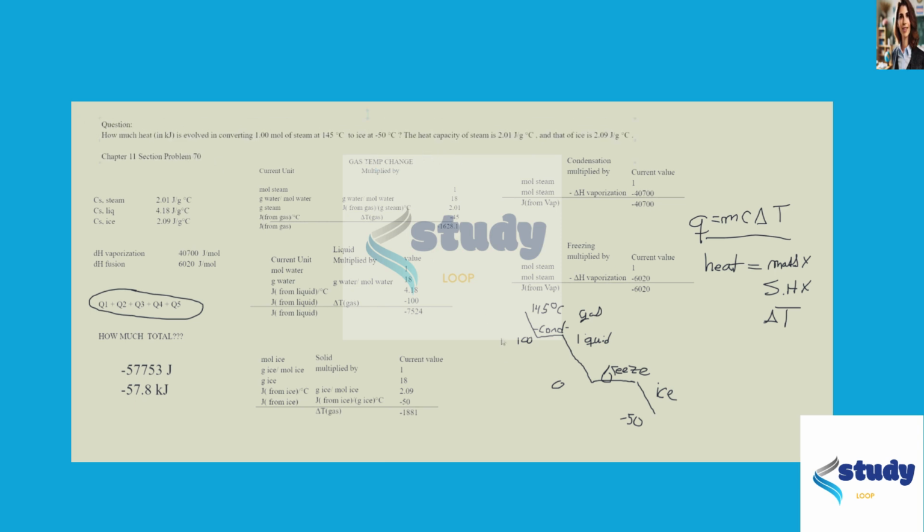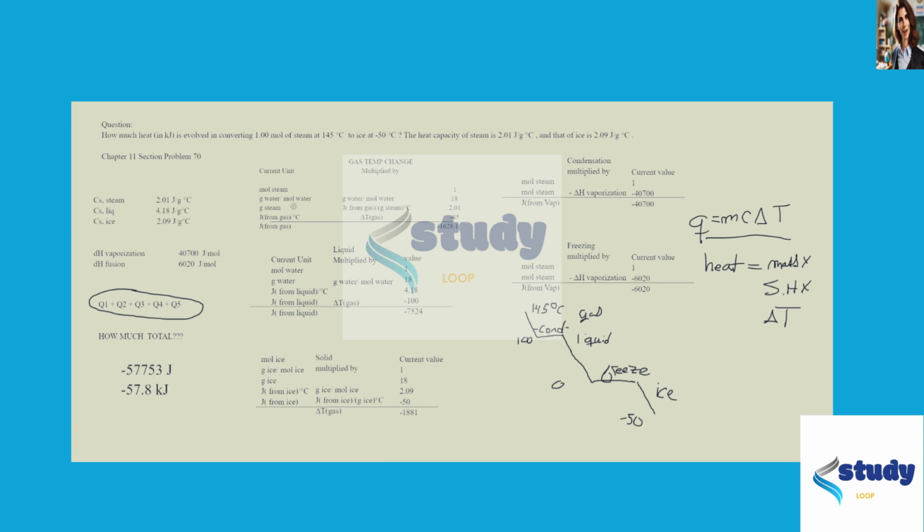Okay, so the first one that we have to do is going from the hot gas to a little bit colder gas. We started off with 1 mole of steam, and we change that into grams of steam by multiplying by the molecular weight, 18 grams per mole.